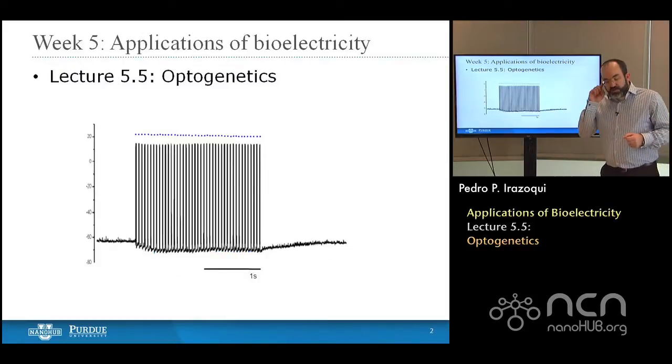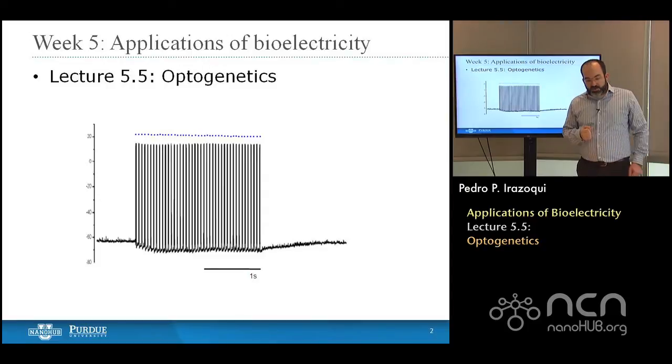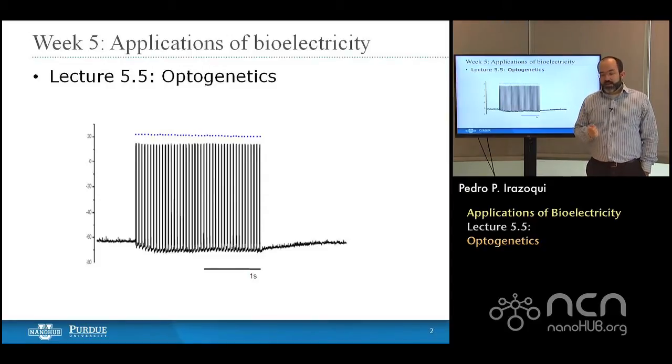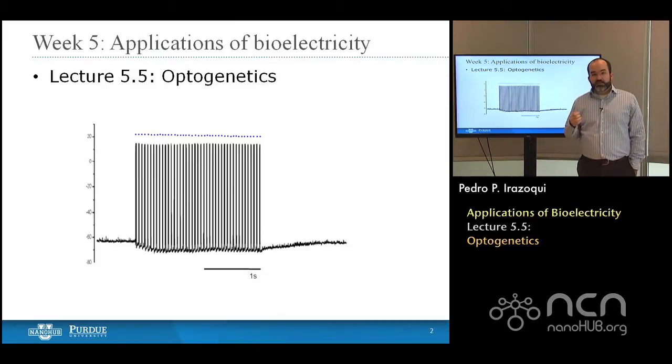In this lecture, we're going to talk about a new kind of ion channel, and these new types of ion channels respond to light, and they are not naturally present in mammals, but we can inject them.